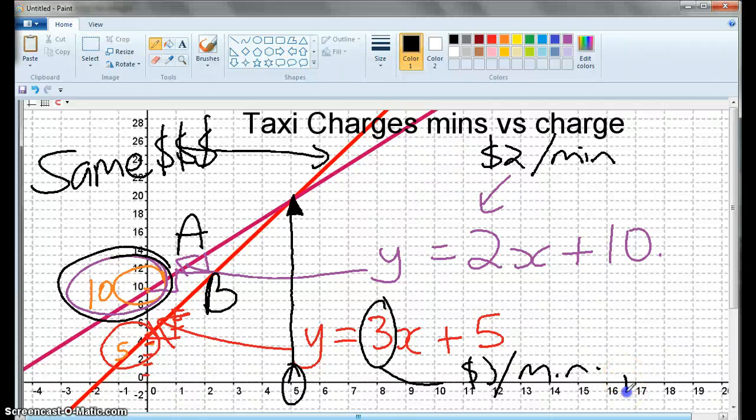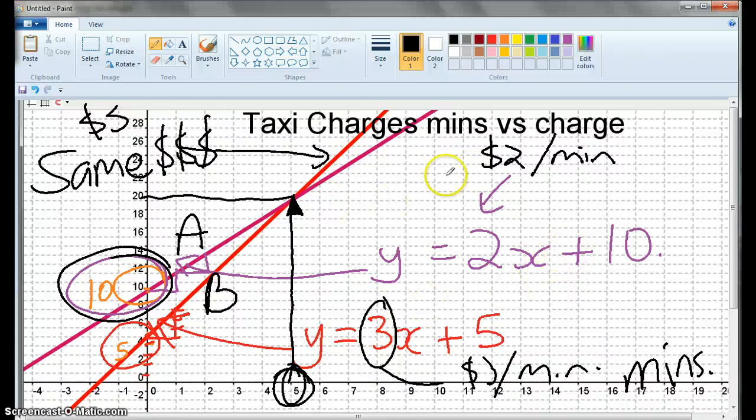What's on this axis? Minutes. What's on this axis? Dollars. So what's happening at 5 minutes? What does company A charge? Let's try 5 minutes in there.